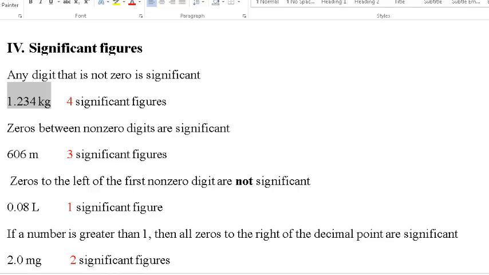You may also wonder why we have to do significant figures. It's because when you do a math problem or a chemistry problem or an engineering problem, you don't want to write your answer to 16 decimal places or 8 decimal places or however many decimal places. To a point, it becomes useless.